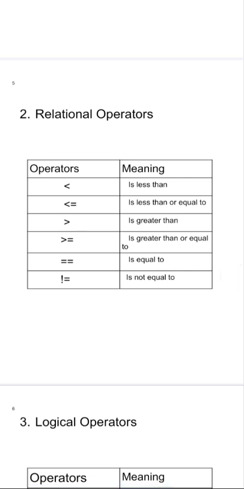Greater than or equal to. It shows that left is greater than or equal to the right one. Double equals. It means left side is equal to right side. Exclamation mark equals. It means that it's not equal to.